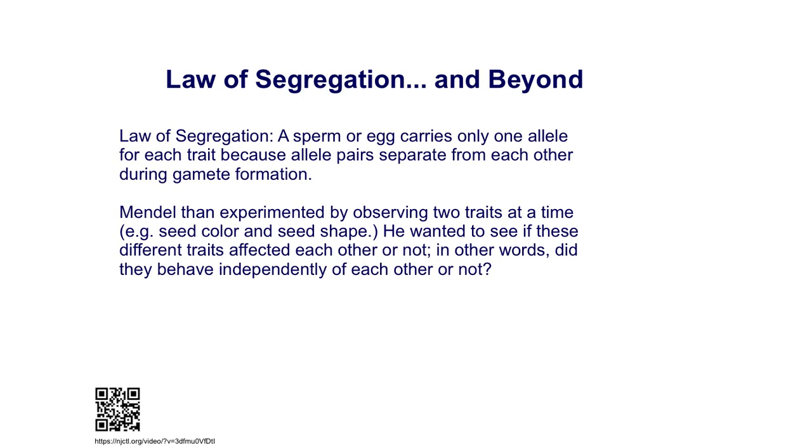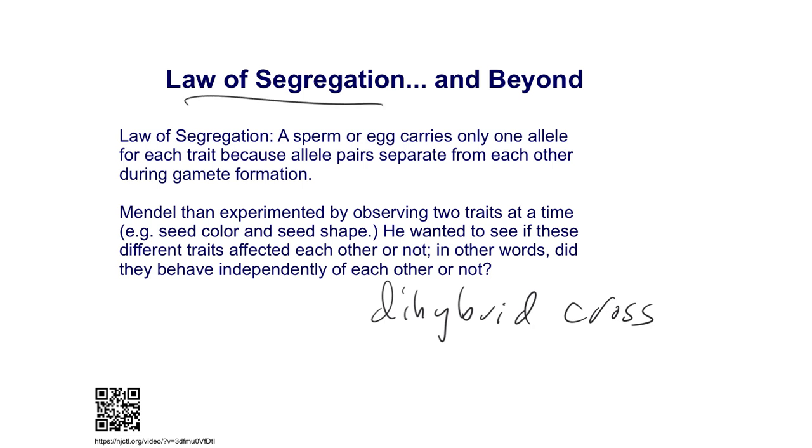So the next step Mendel did, with his traits, was to do crosses with two traits being different in appearance. This is called a dihybrid cross. So instead of focusing just on one trait, you want to see if the law of segregation would be exhibited with two traits.